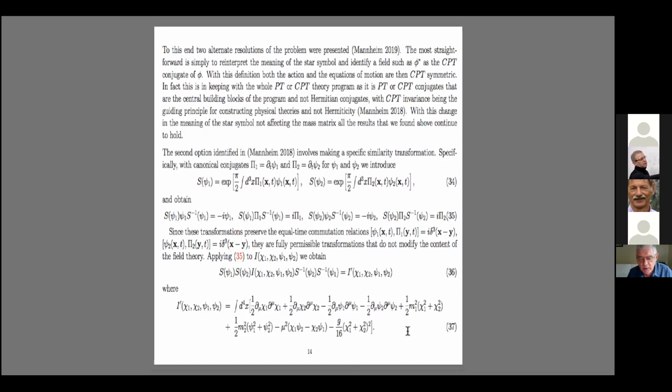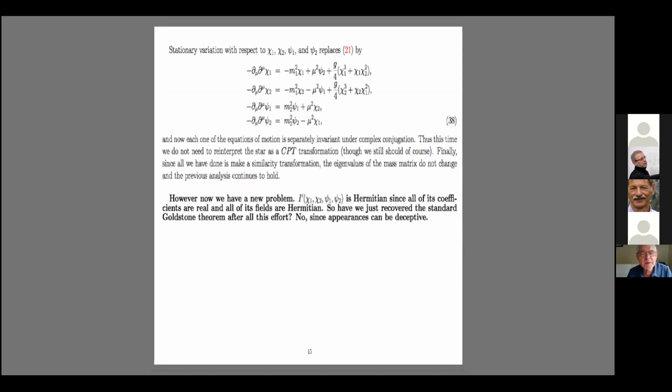And we get this new expression, and then we could work with this expression. But now we do the stationary variation of this theory, and now you can see that everything is perfectly okay. There are no factors of i, and everything is well defined. And everything's invariant under complex conjugation.